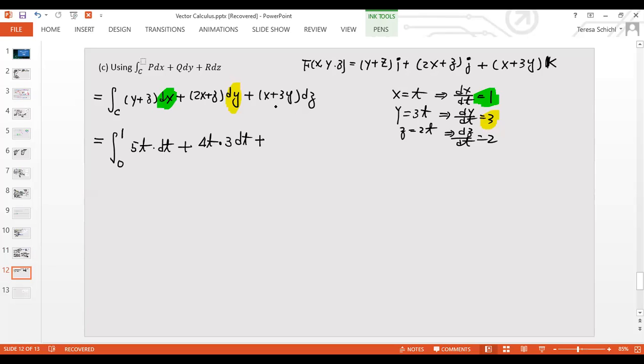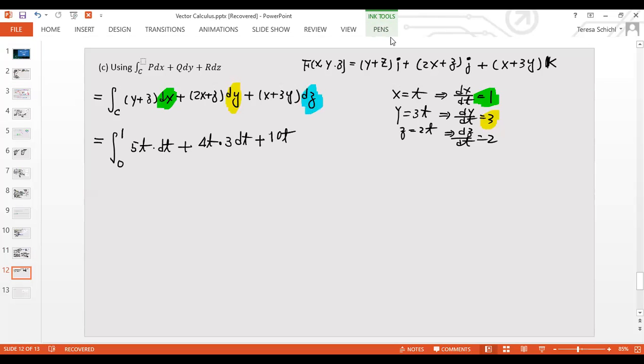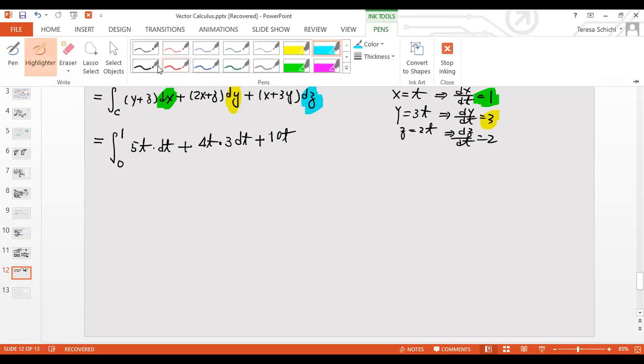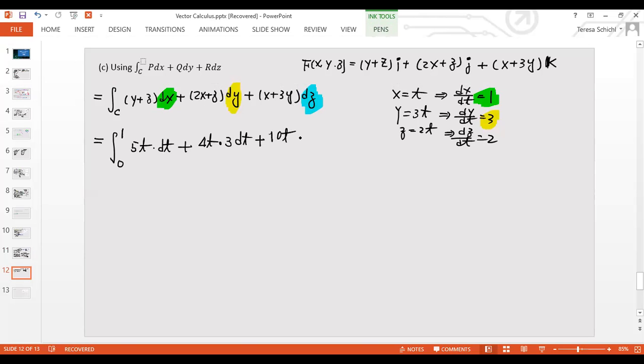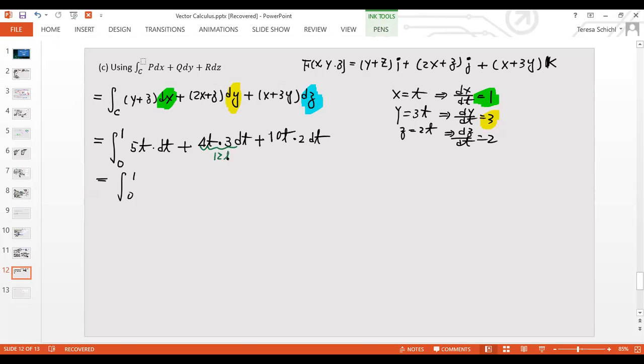The last term, x plus 3y, is 10t, and this is dz, so dz is 2 times 2. Now I change everything to t's. So this is 5t, 4t. Okay, no, not 4t here. This is 12t's here.